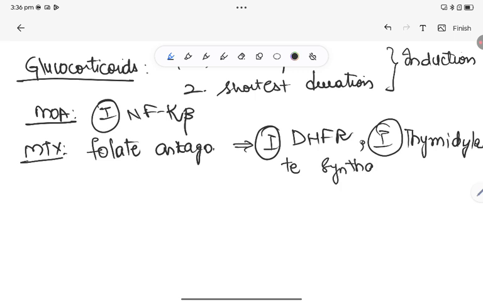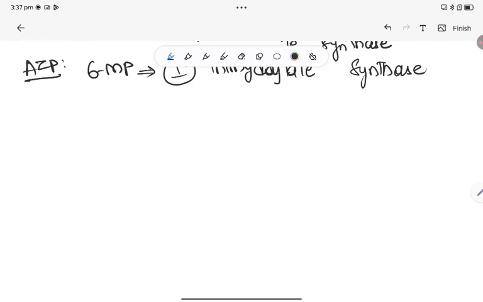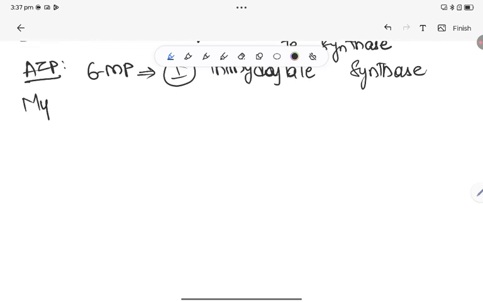Clear? Cell division of T cells is inhibited. Azathioprine gets converted into 6-mercaptopurine and it also inhibits thymidylate synthase. Same, purine metabolism will be gone.